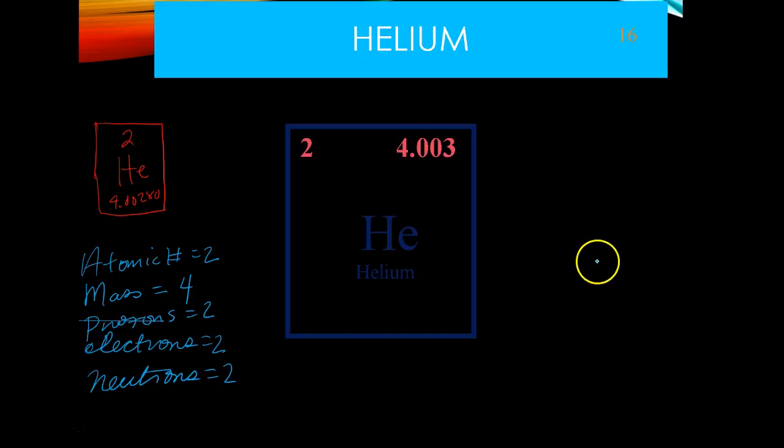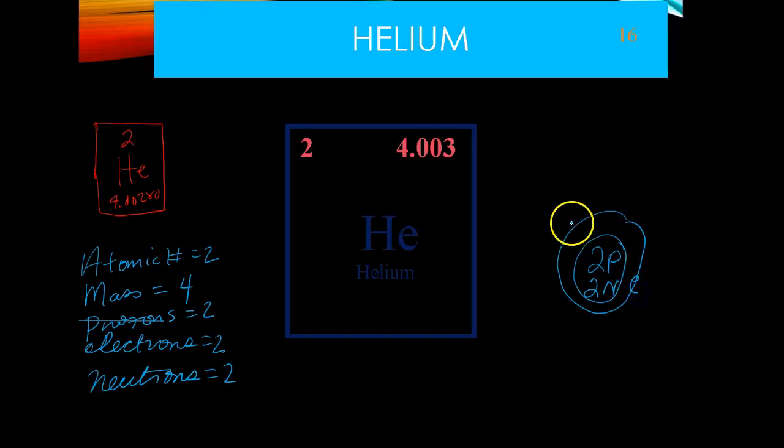So if we were to draw this, how many protons are we going to put, and where are we going to put them? It says we're going to put 2 protons in the nucleus, but we're also going to put 2 neutrons in the nucleus. So here's our nucleus. And then it says we're probably only going to have 1 shell since we have 2 electrons.